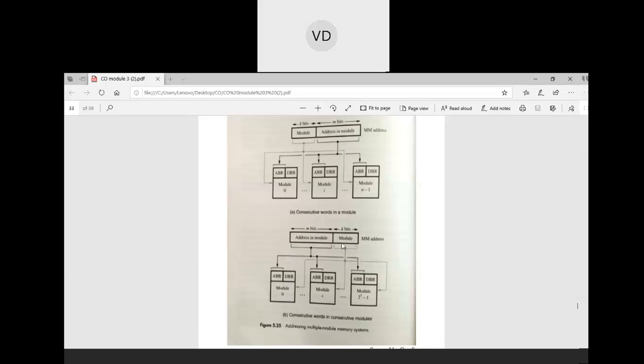Suppose 4099 and 5000 are my module numbers. Some data is present in 4099, and the next data is present in 5000. They are adjacent to each other.